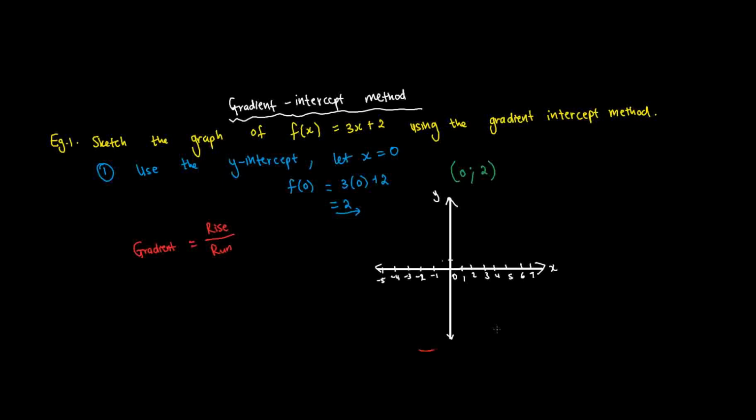Let's make this nice and small. 1, 2, 3, 4, 5, 6, 7, 8, -1, -2, -3. Okay, so you get the point, right? So this is a quick, very small sketch. Again, as I said, I'd prefer that you use a pencil and ruler.